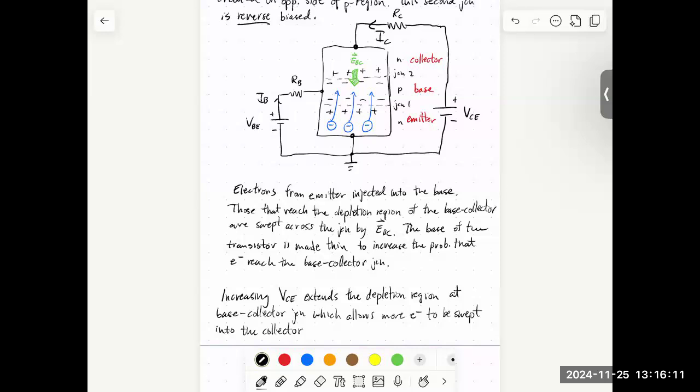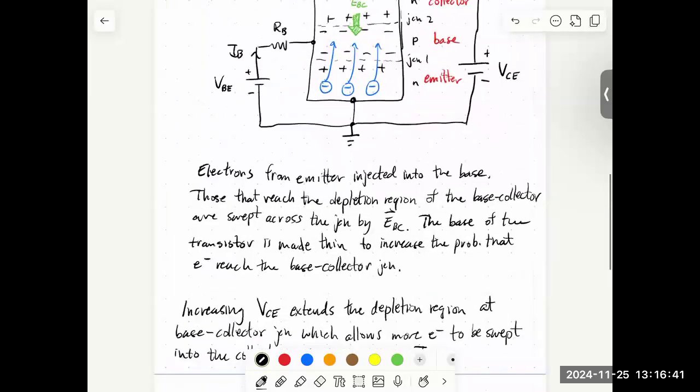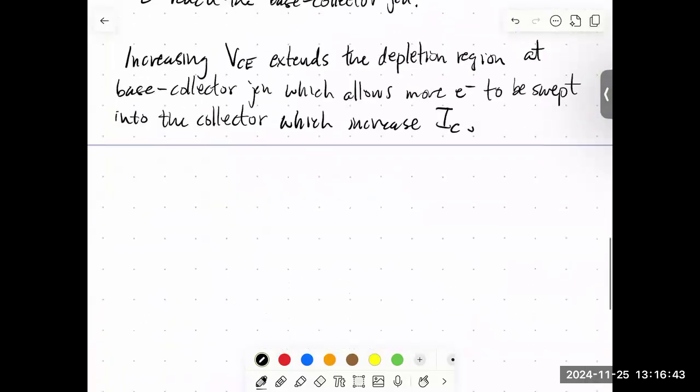And so as we have more and more electrons flowing right through this transistor to the collector, they come out here and we're going to have this corresponding current in the opposite direction. So as we increase this voltage, we enhance that collector current into the collector, which increases IC.